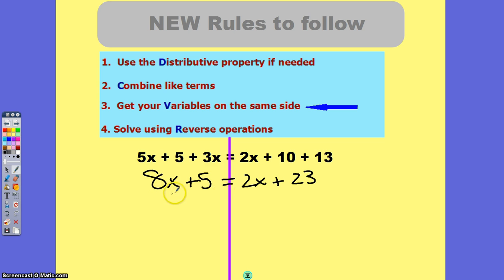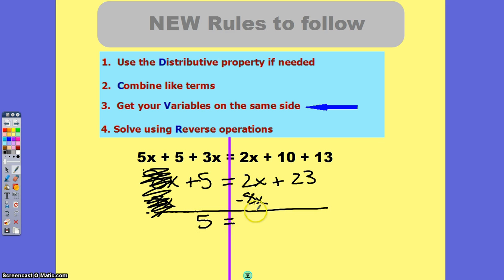So how do I get rid of 8x's? Well, I subtract 8x's. If I do it to one side, I need to do it to the other side. So 8x minus 8x goes away, and I'm left with 5. 2x minus 8x gets us negative 6x plus 23.